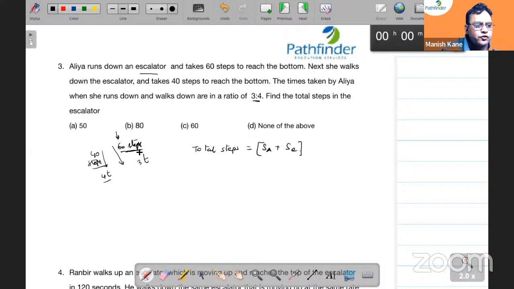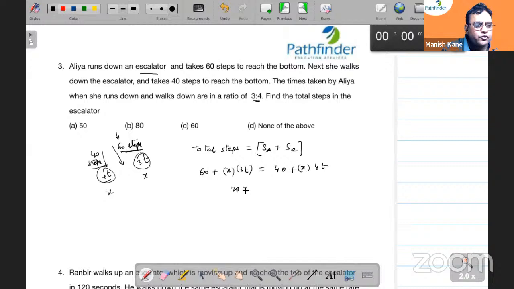So, in 3t time, the escalator will move x into 3t. And similarly, in 4t time, the escalator will move x into 4t. So basically, 60 steps when Alia runs down, plus the steps of escalator, which is x, the speed, into 3t, must be equal to total steps. And this must be equal to 40 plus x into 4t.